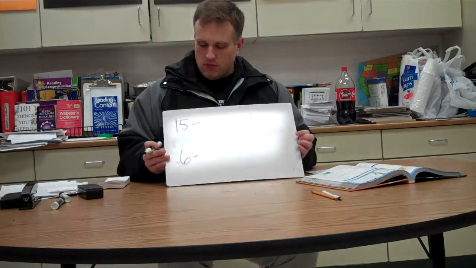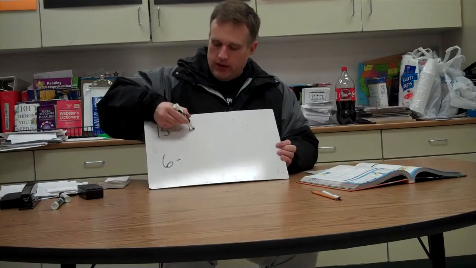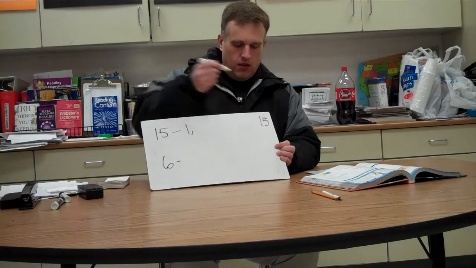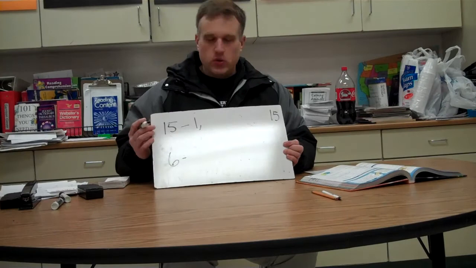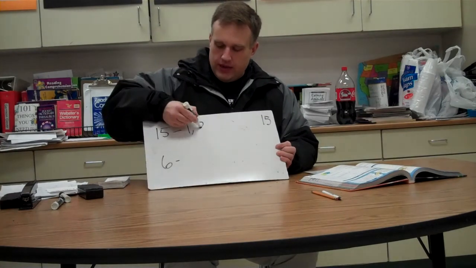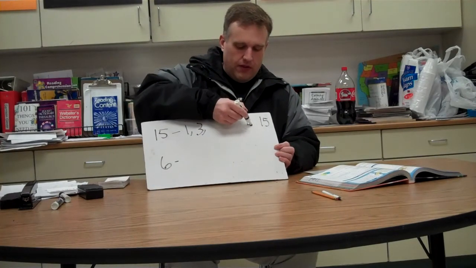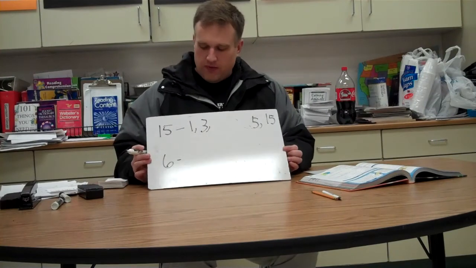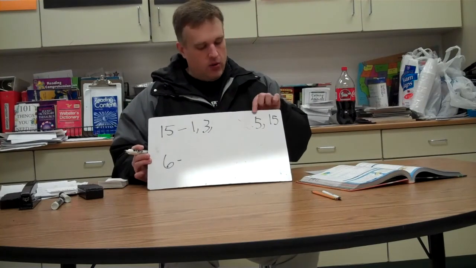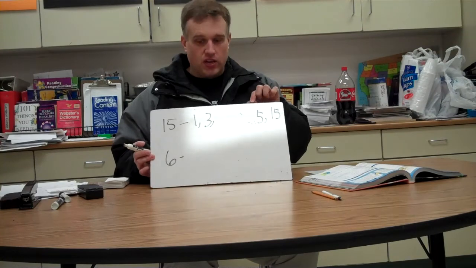Okay? Let's look at one more together, and then let you guys do the rest on your own. We have 15 and 6 for number 9. Okay? So I know 1 and 15 are factors. 2 is not a factor of 15, but 3 is, because I can multiply 3 times 5. 4 is not a factor of 15, and then I already have 5 here, so I know I am finished.